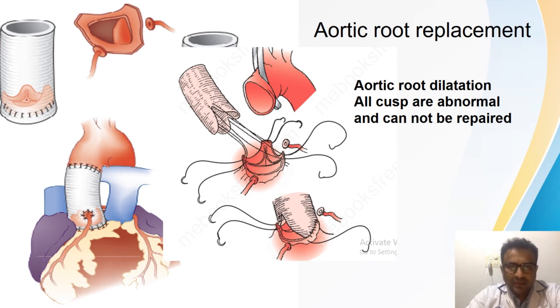In short, when the aortic root is abnormally dilated, all the cusps are abnormal or destroyed, or the dissection flap is extending up the sinuses and involving the coronaries and the aortic valve leaflet, there is no choice but to replace the aortic root. It is a lengthy, complicated surgery which is performed by experienced surgeons across the world in a high volume center.